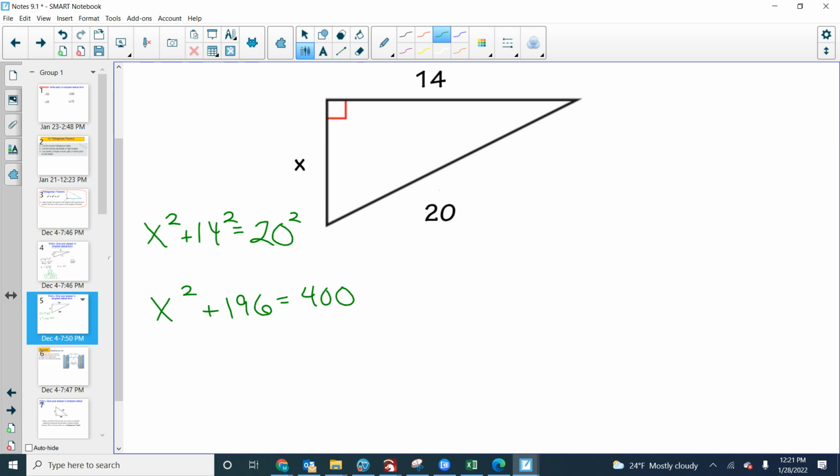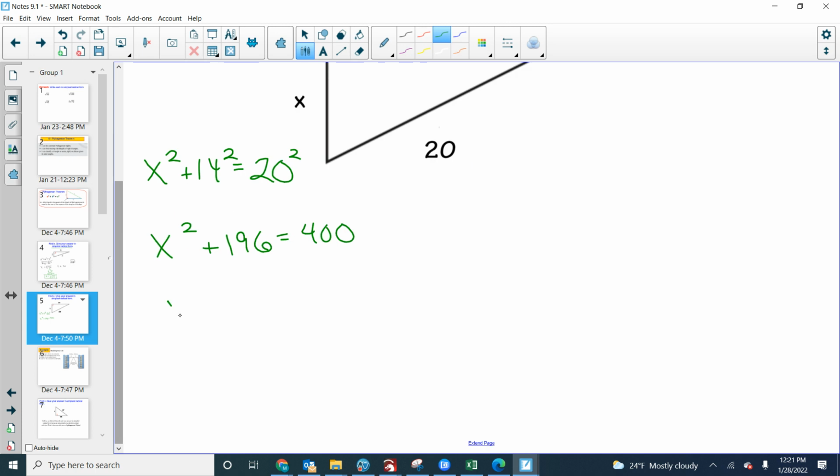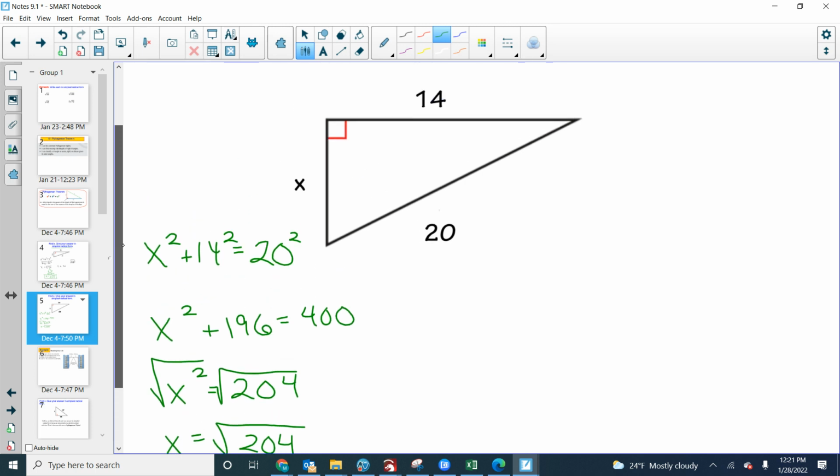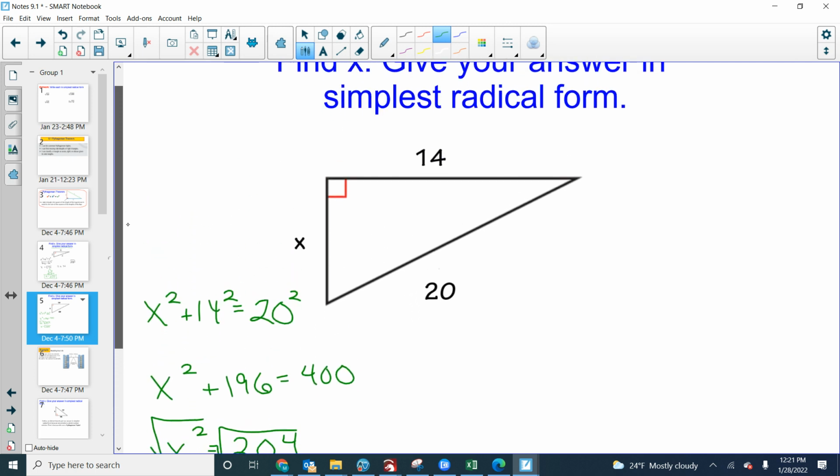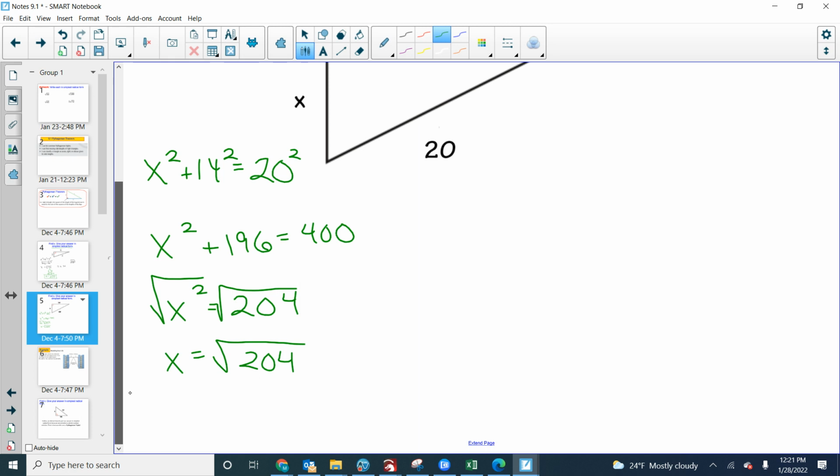Now you guys got me second guessing myself. Yep. All right, so 400 minus 196 is 204. Square root both sides. And let's see how they want us to write our answer. Simplest radical form.